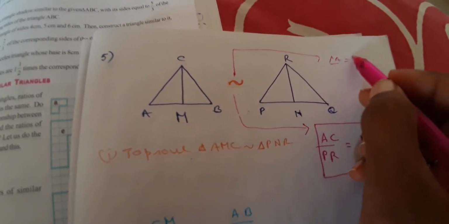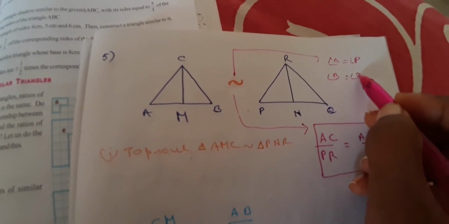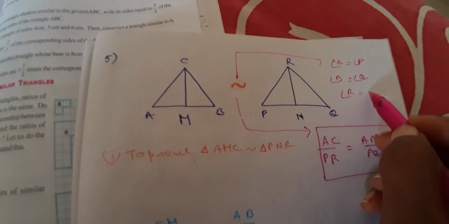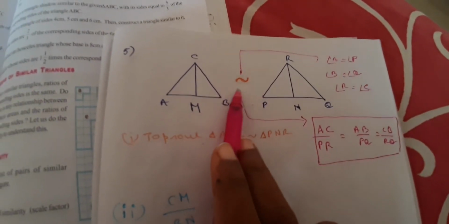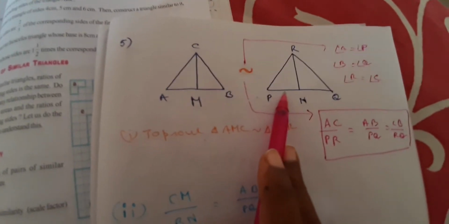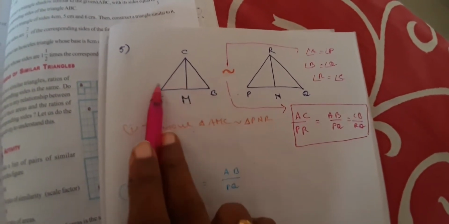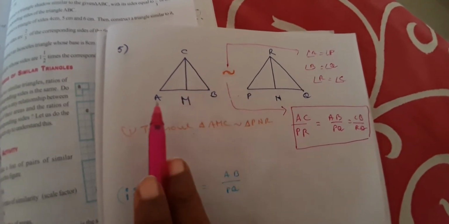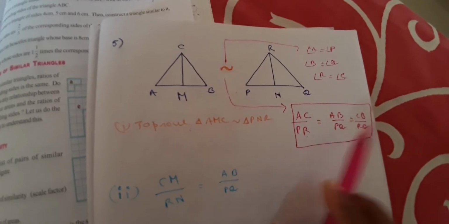Angle A is equal to angle P, angle B is equal to angle Q, angle C is equal to angle R. So these are the conclusions that you can make when these two triangles are given as similar. But never say that these appear to be the same, therefore sizes are same. No, the ratio of their sides is proportional.